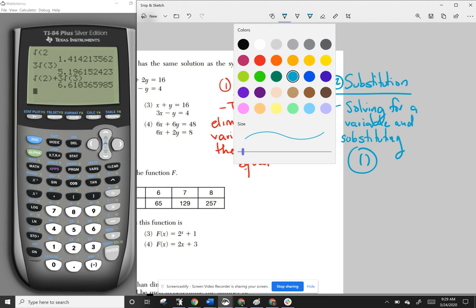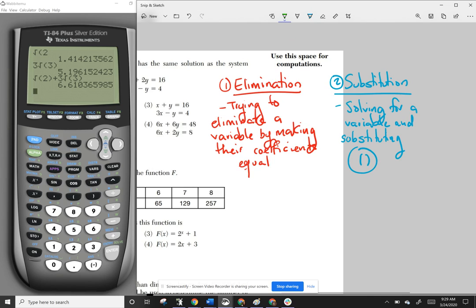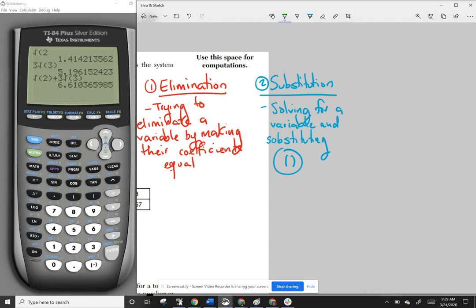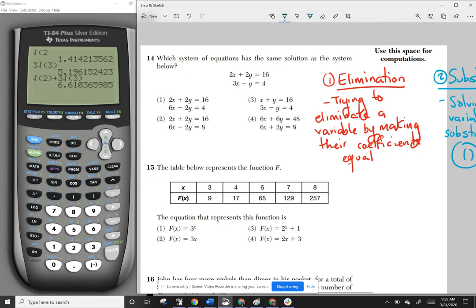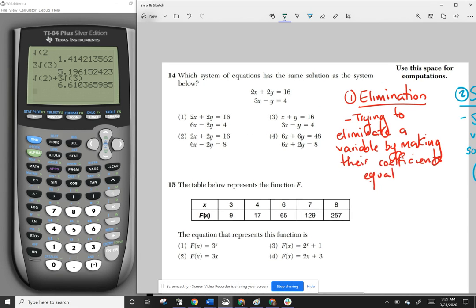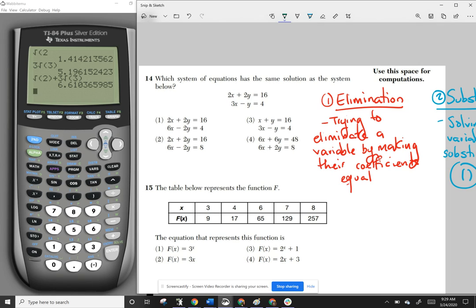So if you don't, then it's most likely elimination. And the last is graphing, but we don't have to worry about graphing when it comes to questions like these. All right, and if we look at all these options, we don't see any parentheses, so there has been no substitution. So this is an elimination problem.